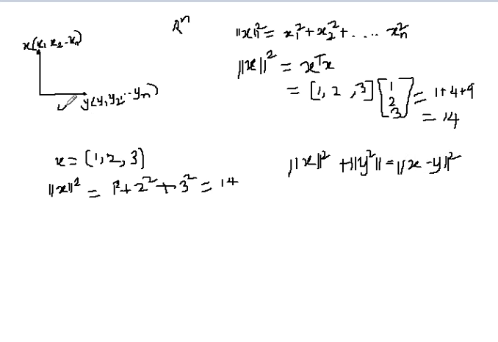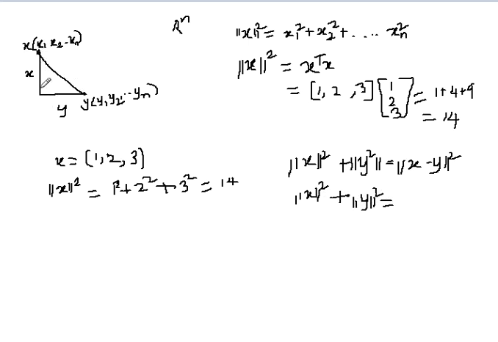Now the length of this one is x, as we know how to find the individual length of a vector. So it is nothing but x squared, plus y squared is equal to.